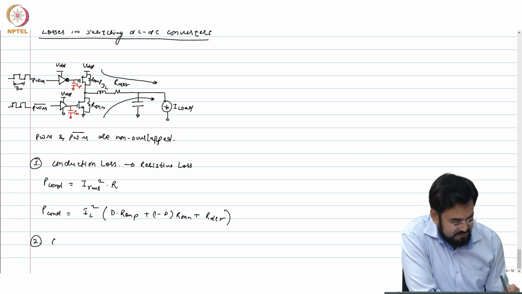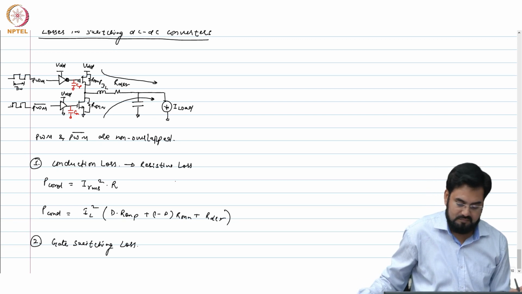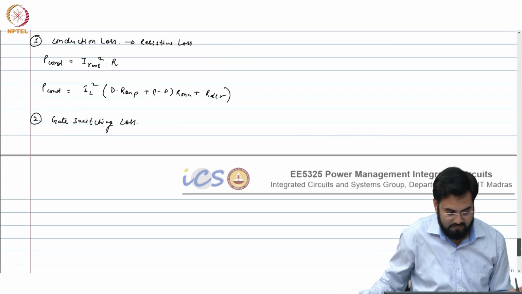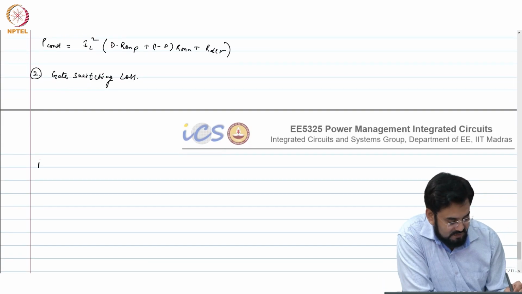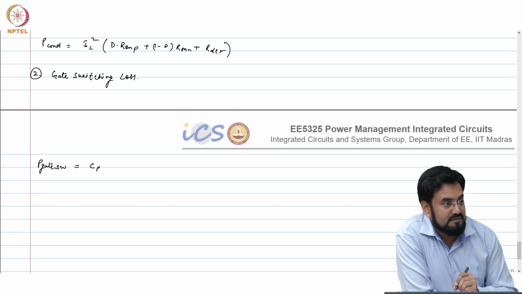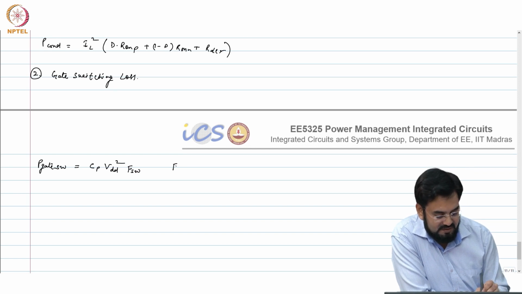So gate switching loss, I'll call it P gate, equals CP times VDD square times F, and I'll call it FSW, and FSW is nothing but 1 over TSW.